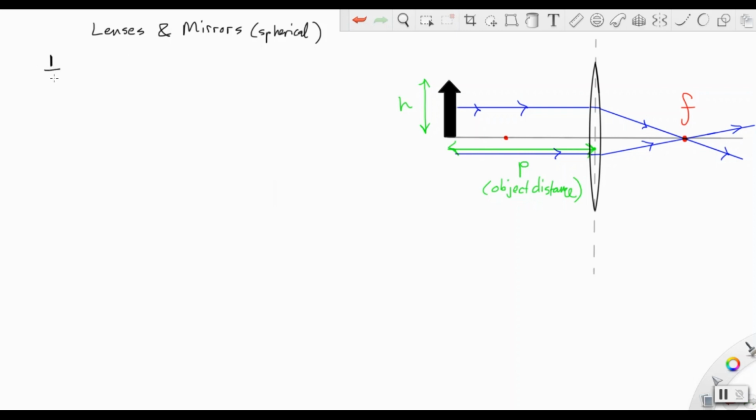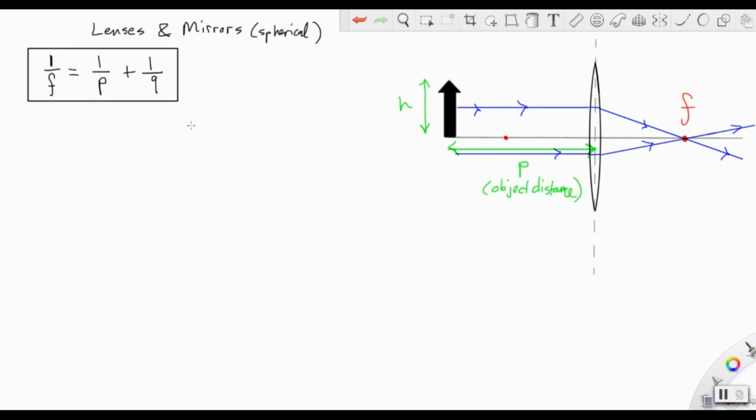It is the lens equation. 1 over the focal length, that is the distance from the middle of the lens to that point F, is equal to 1 over the distance to the object, P, plus 1 over the distance to the image, which we're going to label as Q. So we don't know where Q is, so I'm not labeling it on here yet, okay? But that's going to be our first and very important equation.